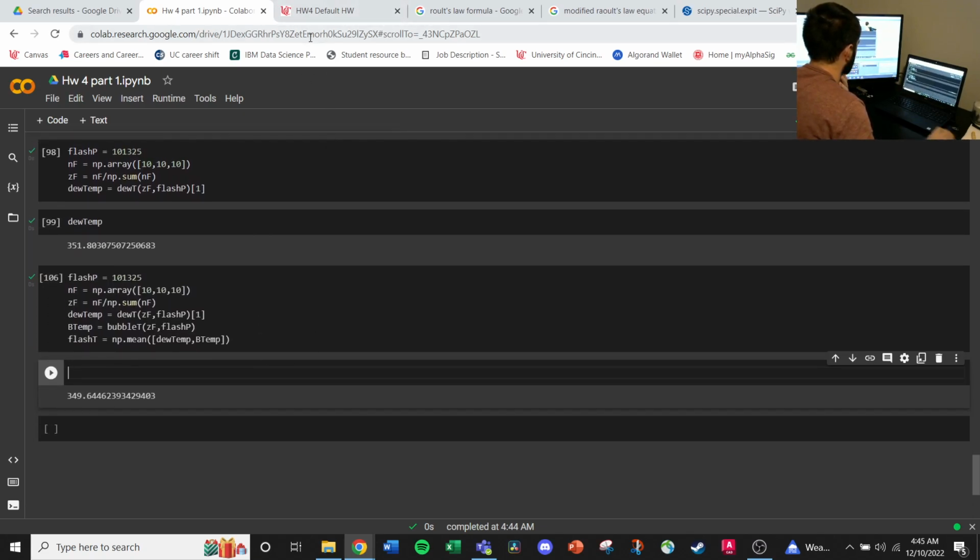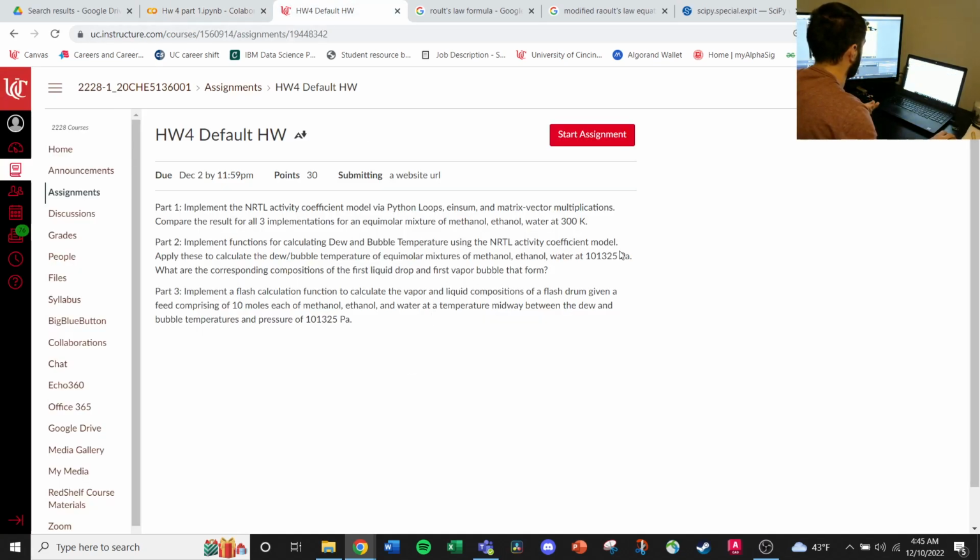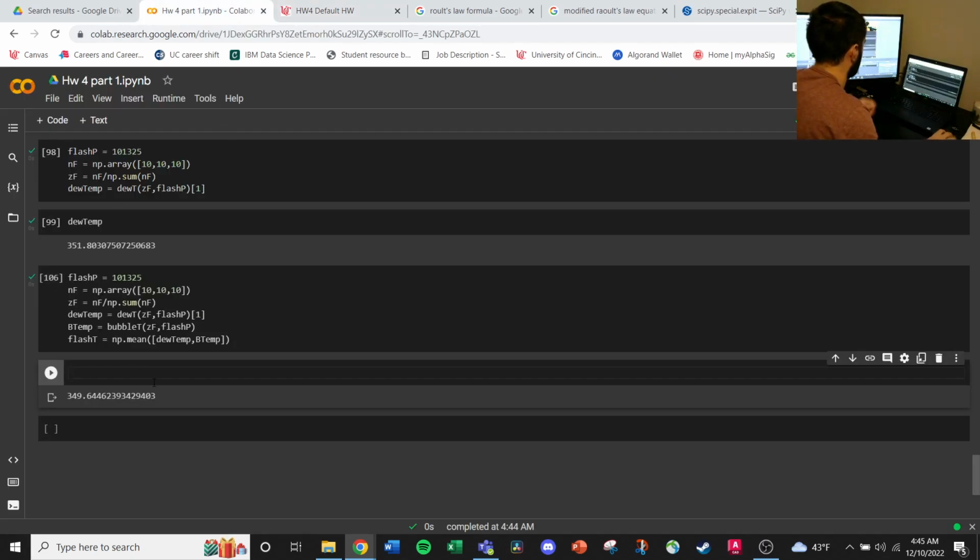Alright, so now we want to define a function that we're going to be solving to calculate our vapor and liquid compositions. So we'll call that function fugacity, and that's going to take in a vector v.